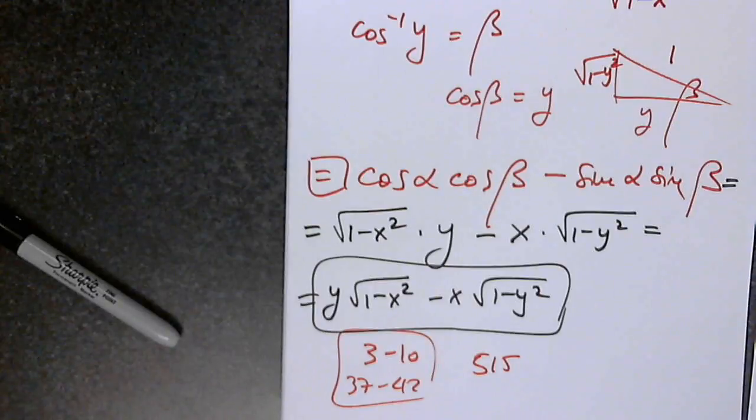You will have a problem like this. So let's choose one from 3 to 10 and one from 37 through 42, and then go back to chapter 4. At the end of chapter 4, there is a review and the chapter 4 test.